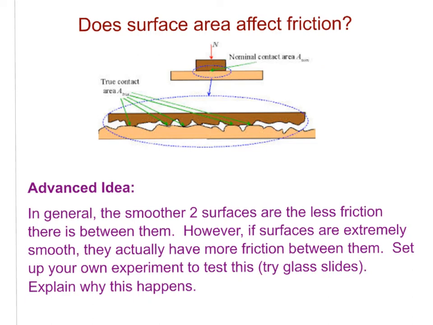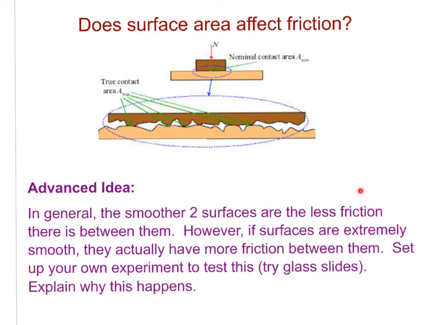And so just remember that when you increase the surface area between the two, the total friction really is not going to change, because you basically distribute that pressure more evenly across your larger surface area. You have more of those little bumps that take away from the pressure on any one of those bumps, evenly distributing it across.